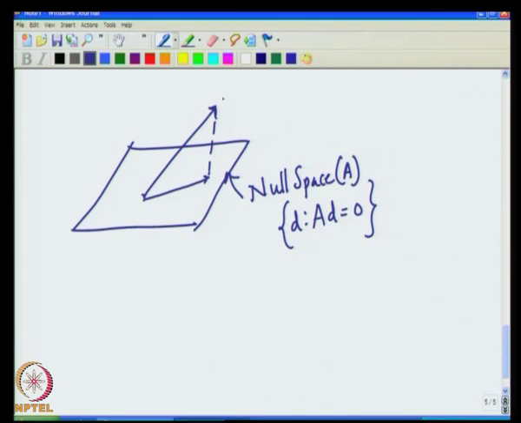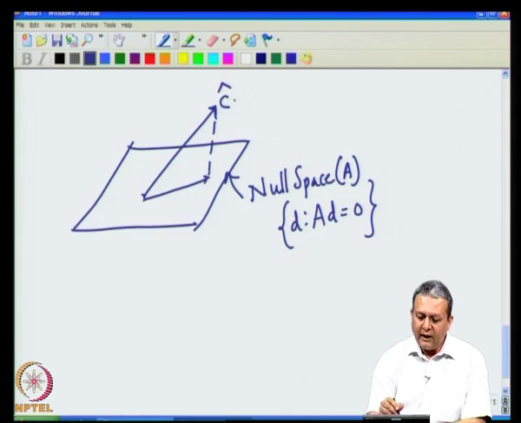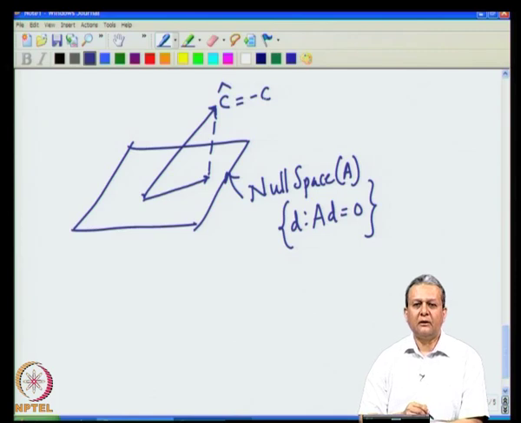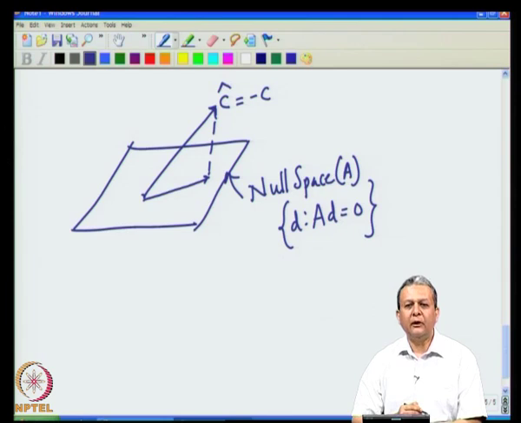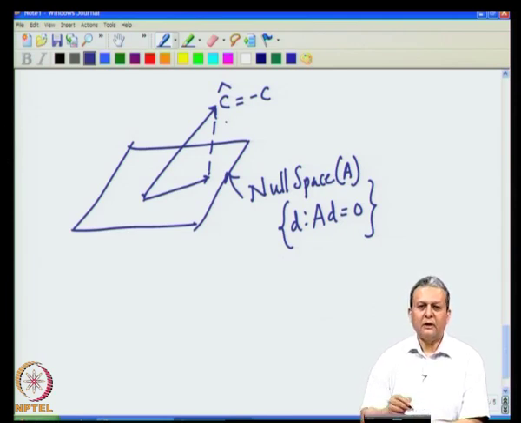Let us call this c hat, and c hat is nothing but minus c. This is the steepest descent direction, because the objective function is c transpose x. So, the gradient of the objective function is c and the negative of the gradient is minus c. This is the steepest descent direction minus c, which we want to project onto the null space.